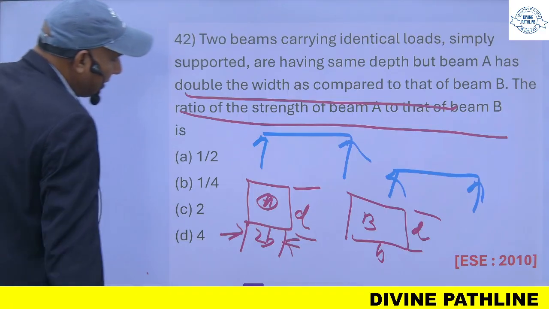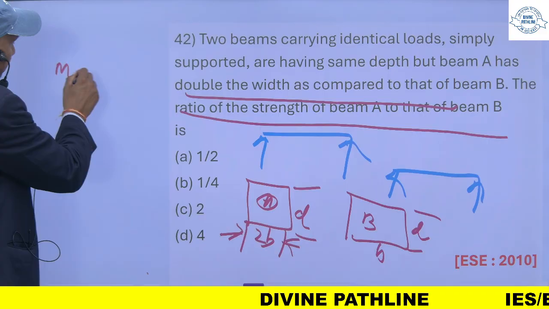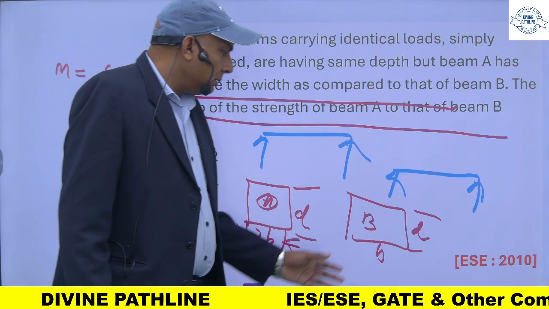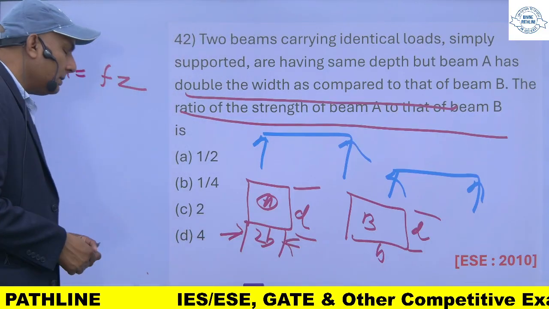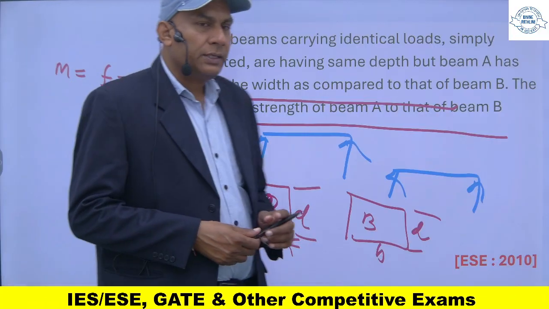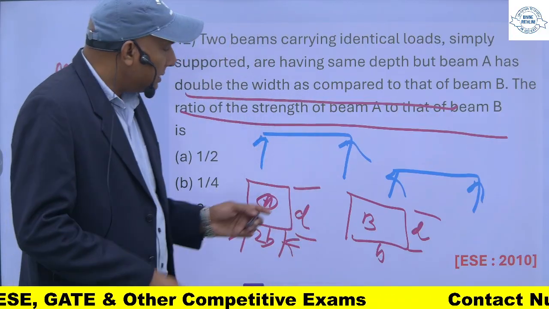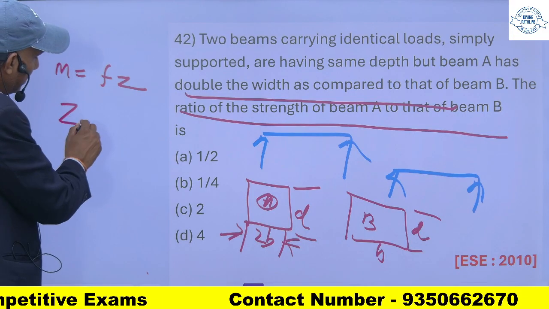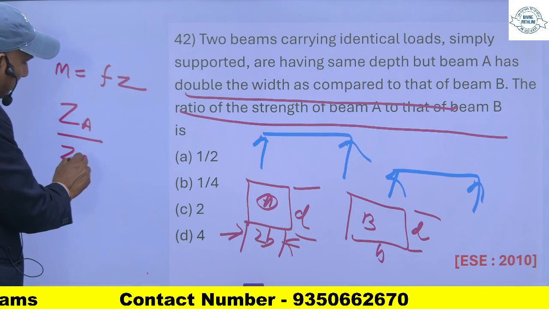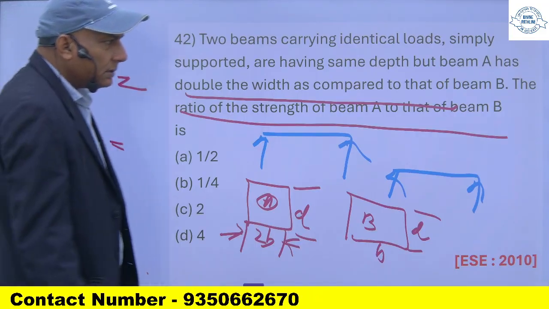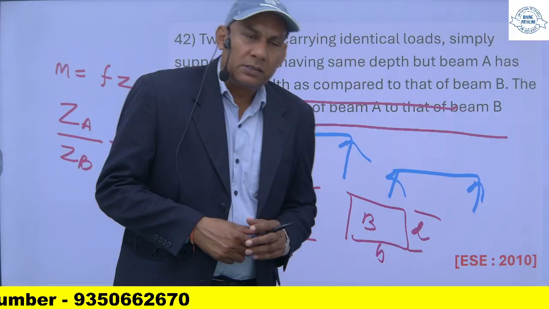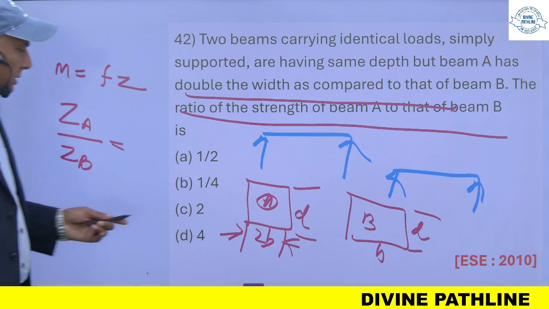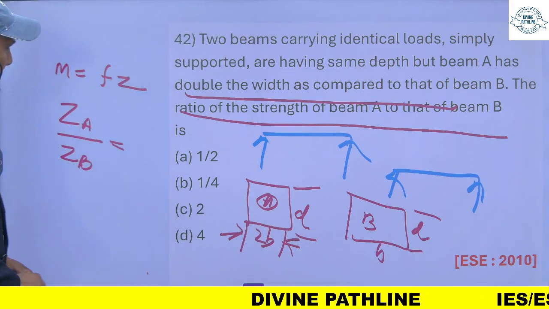As the strength depends upon section modulus, the ratio of strength of A to strength of B means the ratio of section modulus of A divided by section modulus of B. As the strength is directly proportional to section modulus, it is section modulus of A upon section modulus of B.